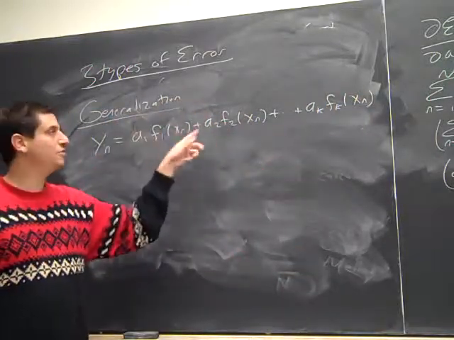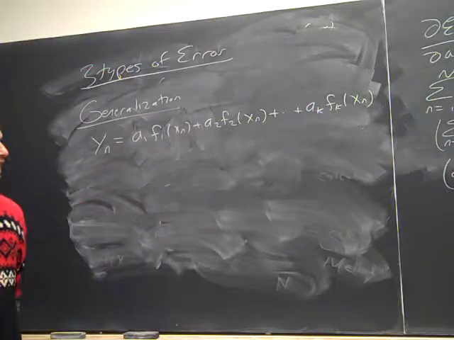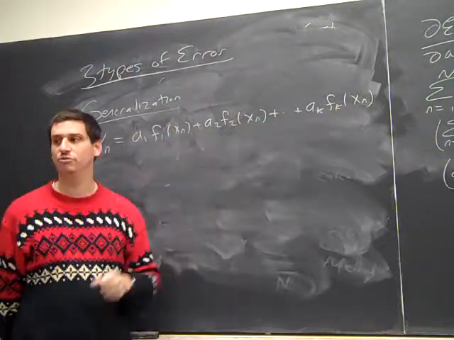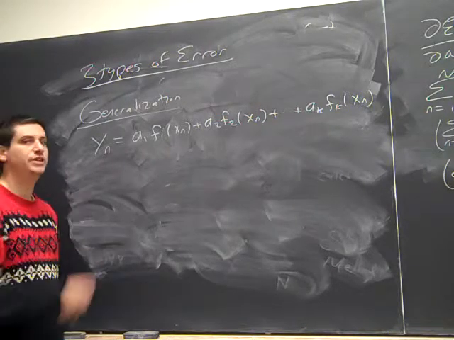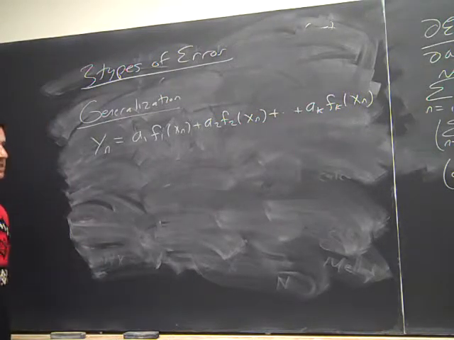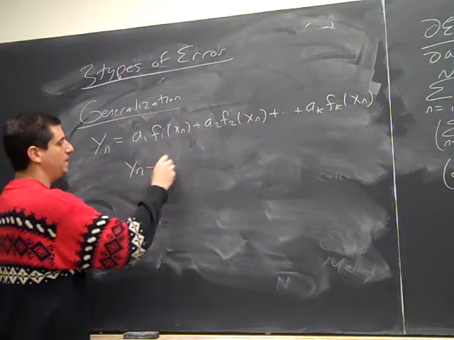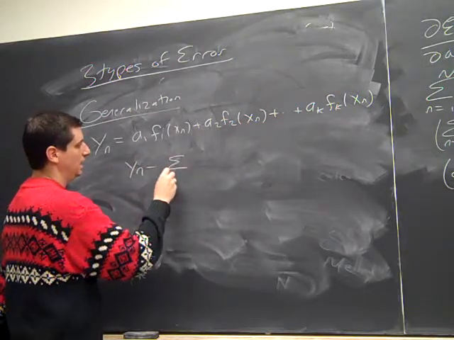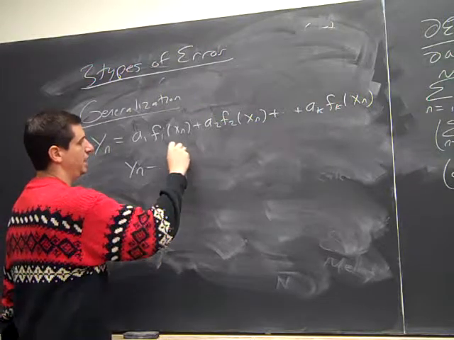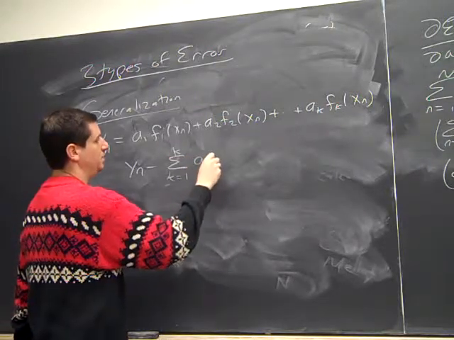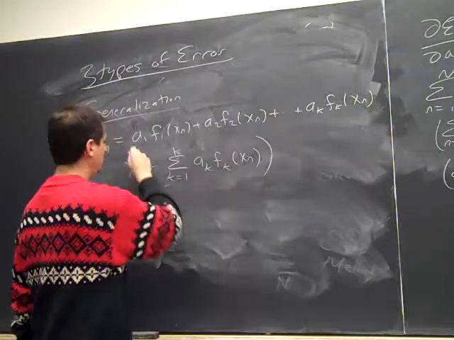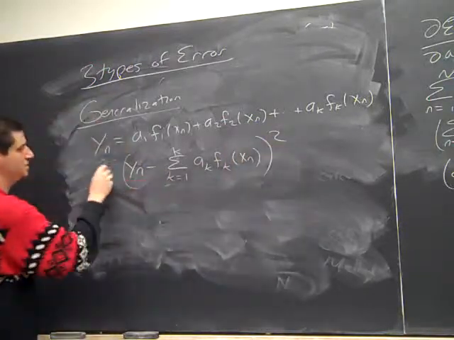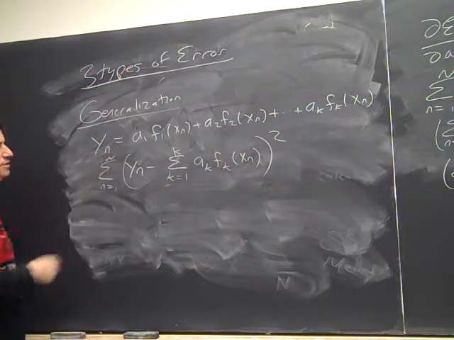I don't care what these functions f are. I will have something linear in the unknown parameters a. And if it's linear in the unknown parameters a, I can differentiate with respect to the a's and get a nice linear relationship. I'll get the sum of yn minus the sum over kappa equals 1 to k of a kappa f kappa of xn, squared, and then sum from 1 to n.